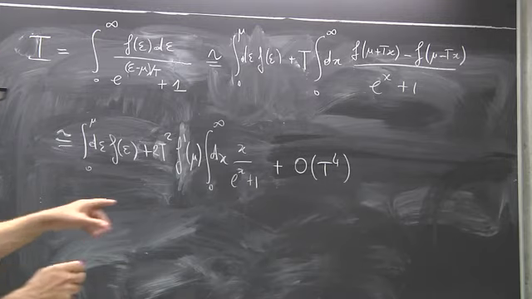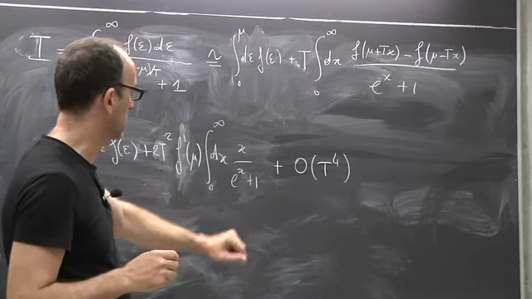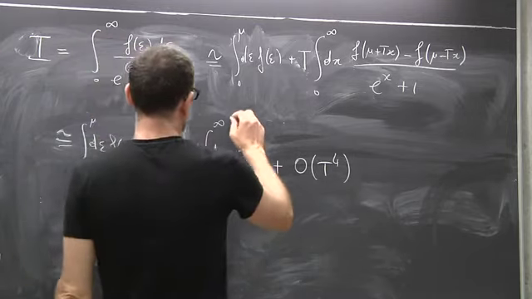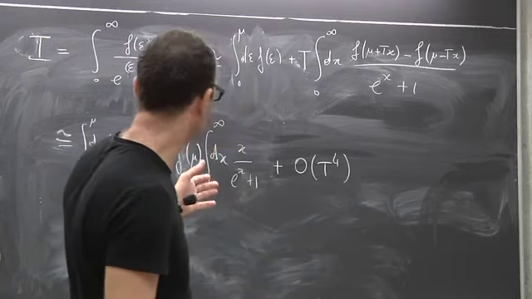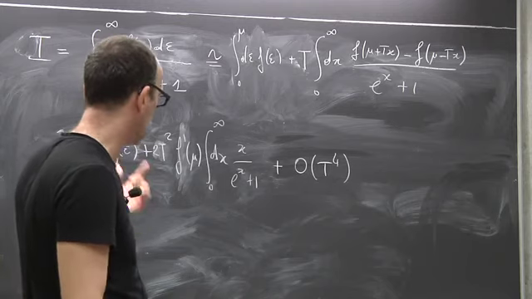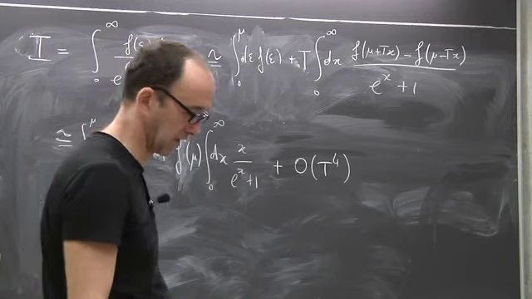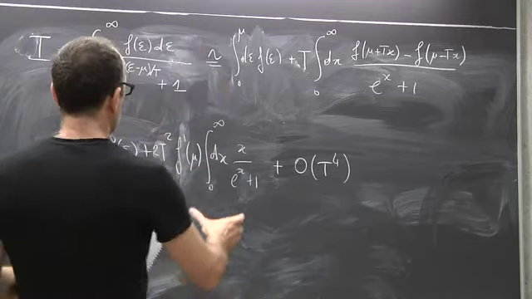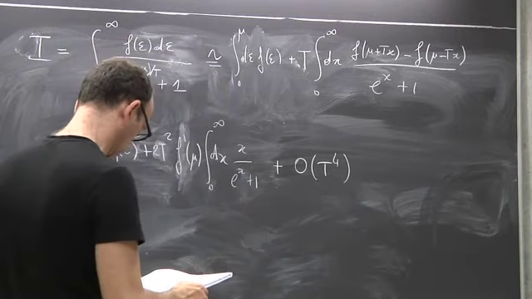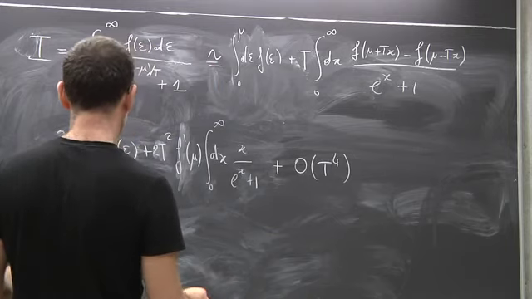Now the last step is that this integral can be computed exactly. There are several ways. One way is to compute it with residues. And the value of this integral is pi squared over 6.